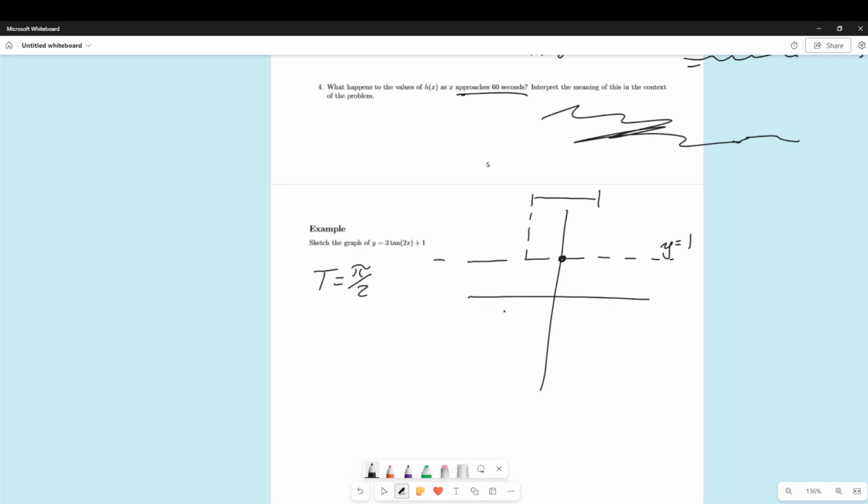That's the one thing to be careful of. Make sure you're dividing that period on either side of your center. It's very easy to forget to do that. And then that amplitude, again, I'm not going to worry too much about that. If you wanted to, you know this is at 1, and then at half of that, at pi over 8, you'd be up 3 at 4 and down 3 at negative 2.